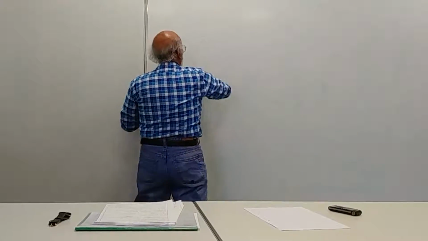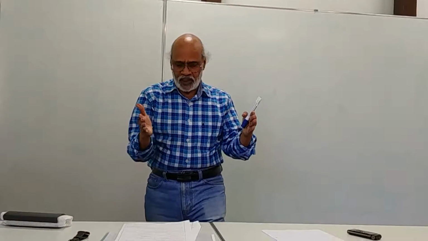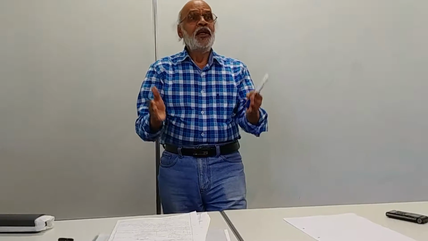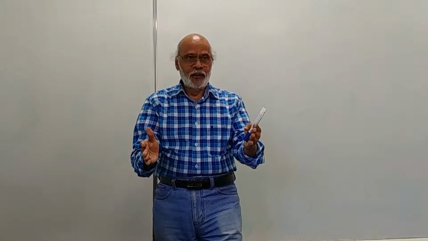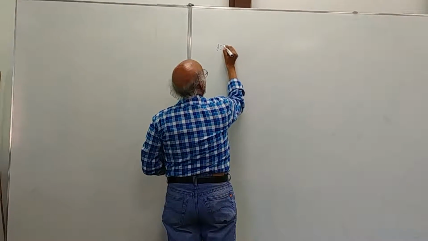And in relativistic context, instead of talking about the square of distance between 2 points, we talk about the square of the interval between 2 events. Okay, and that is what we denote by ds square.